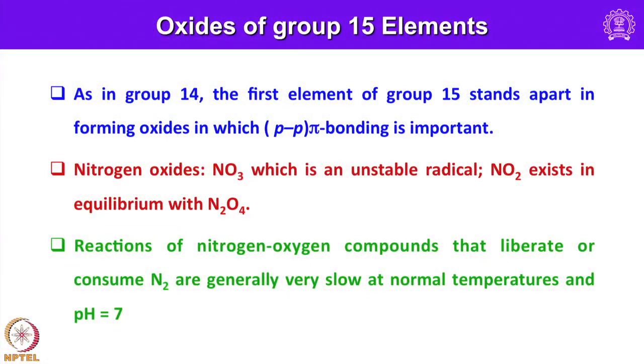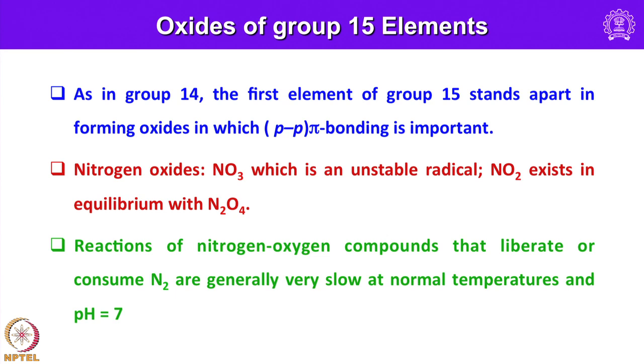Now, let us look into the oxides of group 15 elements. As in group 14, the first element of group 15 stands apart in forming oxides in which p pi bonding predominates. That means in the case of nitrogen and its oxygen compounds, p pi bonding is very important.